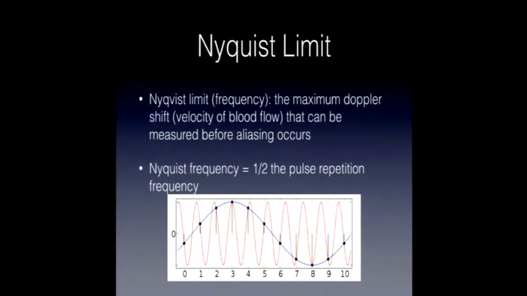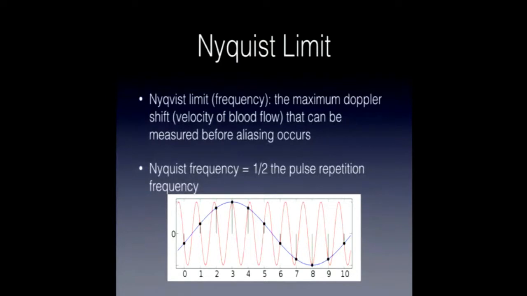And so what happens if we sample it at less than the Nyquist limit? Well, you see here, we sampled once, and then if we sample again, but we don't sample quite fast enough to make it back to where we were, then we'll get a point here. And if we do it sometime later, we'll get a point here. And we're getting all these points that we're measuring on the wave.